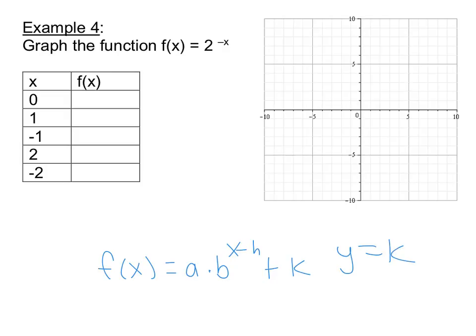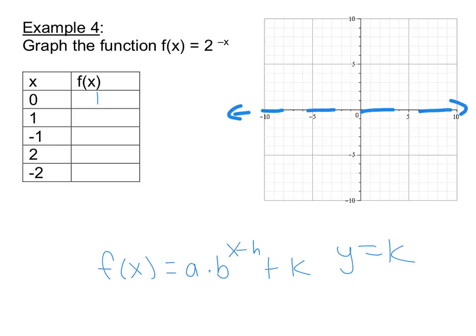So see how there is no plus k here, so that means at the line y equals 0, you draw a horizontal asymptote. And what that means is it's either going to be always above it or always below it. It will never ever cross it or touch it. Okay?